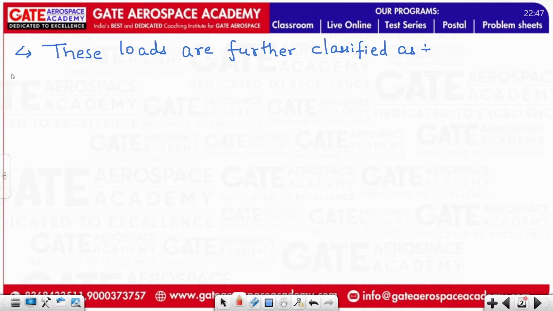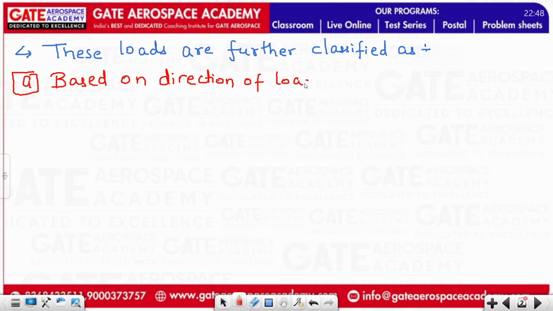The very first type of classification is based on the direction of load. So what is the direction of load? How the load is applied on the body. We will define it in a very detailed manner. So first we have to understand what the direction of load means, how the load is applied on the body.